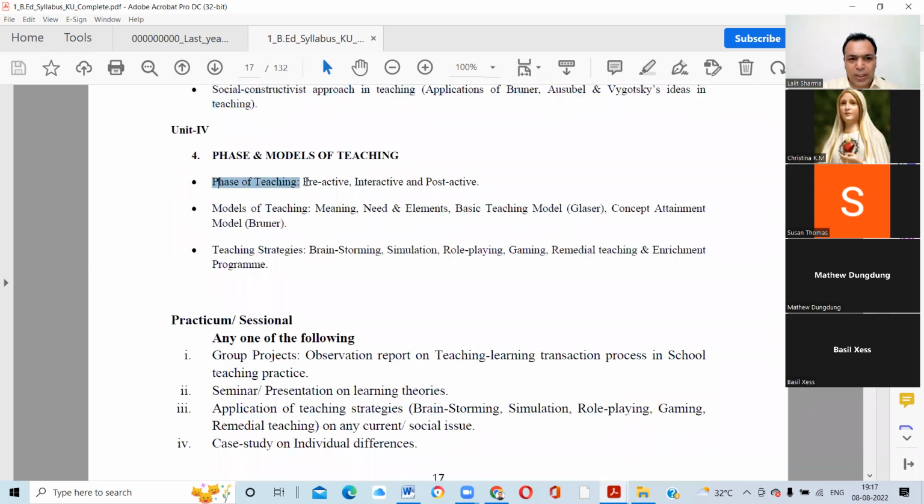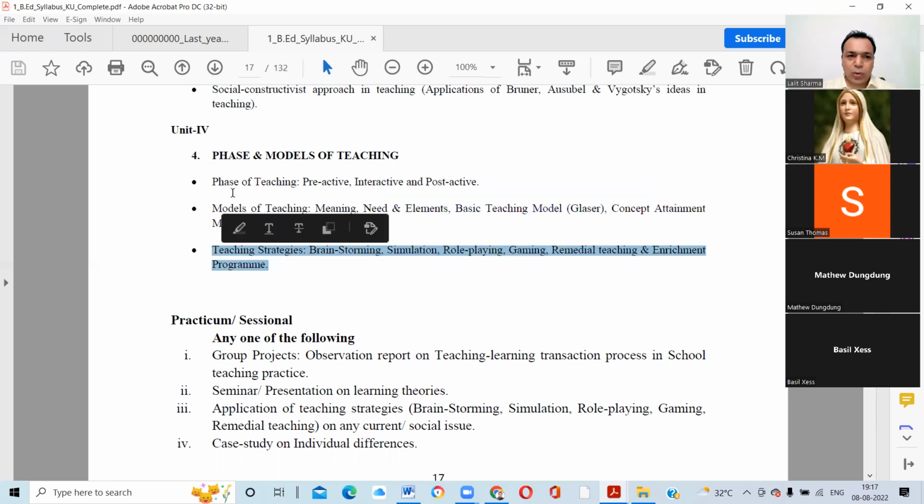Okay, and 7th you can do this, phases of teaching: preactive, interactive, and post-active. Okay, but I don't think it would come as a long question. Long questions from the 4th unit can come from the teaching models. One would come either the Glaser teaching model or the concept attainment teaching model, right? And one long question would come from the teaching strategies.